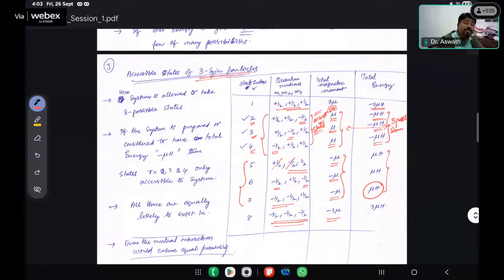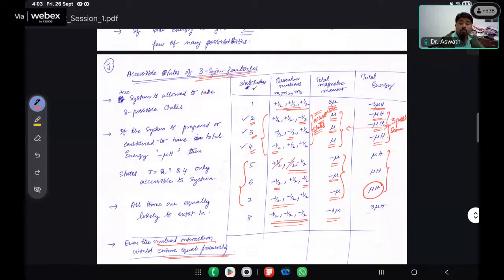Remember, overall energy is the same and overall magnetic moment is the same, but the rearrangement is different. So I would give equal possibility to exist in any one of the possible cases, because the overall energy and the overall magnetic moment are what make a difference.